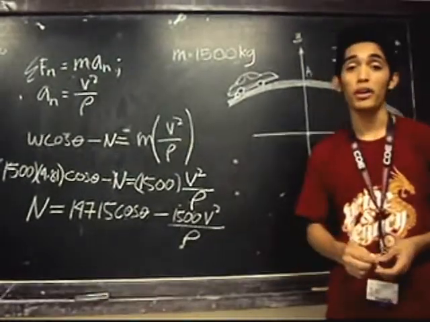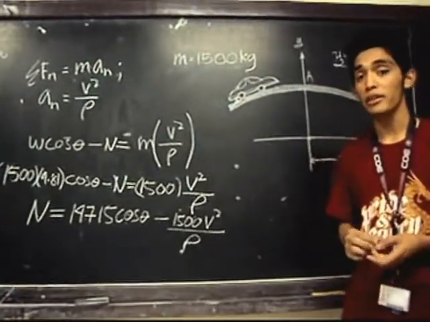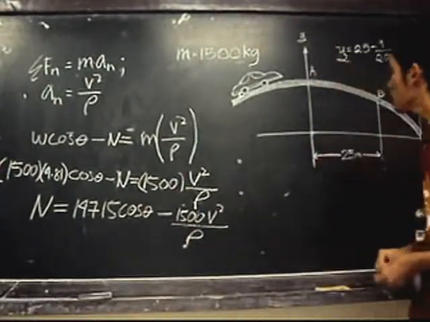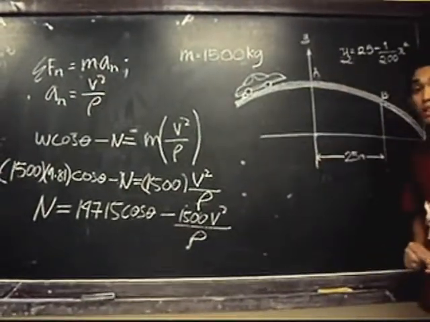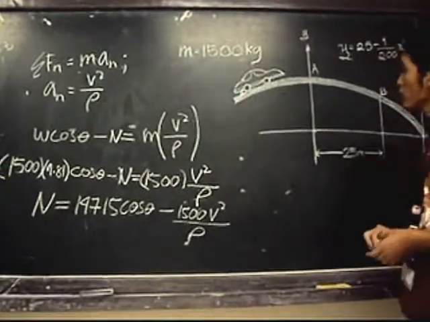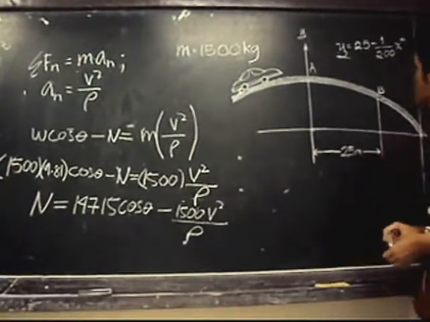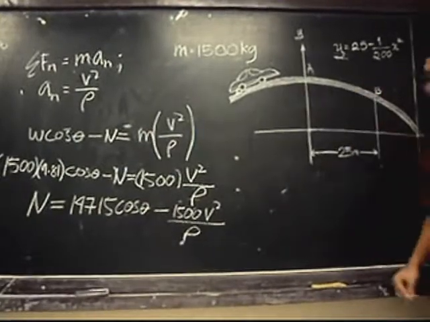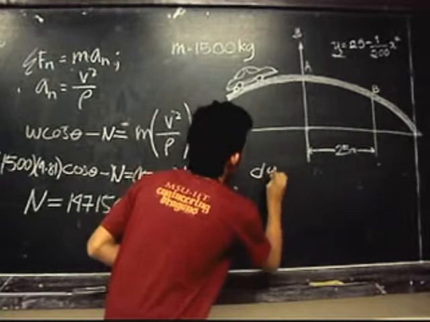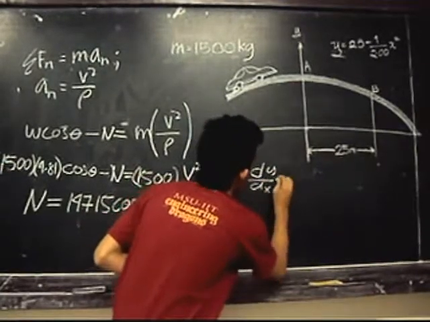Okay, so to find the velocity of the car at point A, we first determine the angle theta at point A and point B. Looking at the illustration geometrically, the slope of the curved path at any point is defined as the first derivative of the equation, dy over dx.